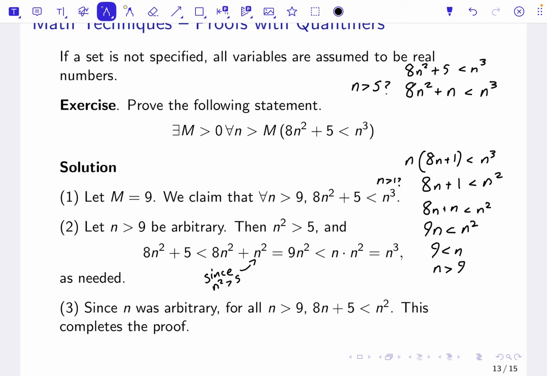We substitute 5 for n squared since we found that n squared is greater than 5, which came from n being greater than 5 or n being greater than root 5, whatever. Add those up to get 9n squared. Substitute n for 9. And then do some algebra and write a nice concluding statement.